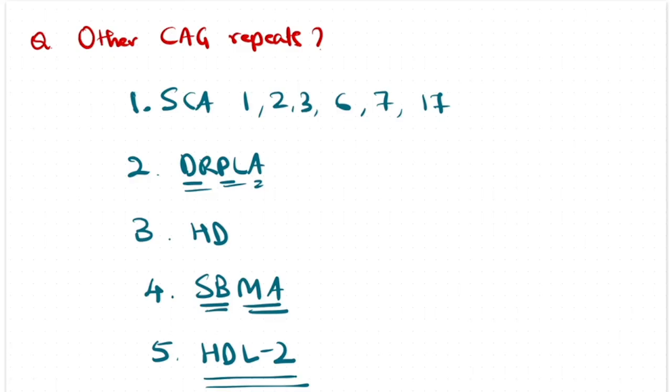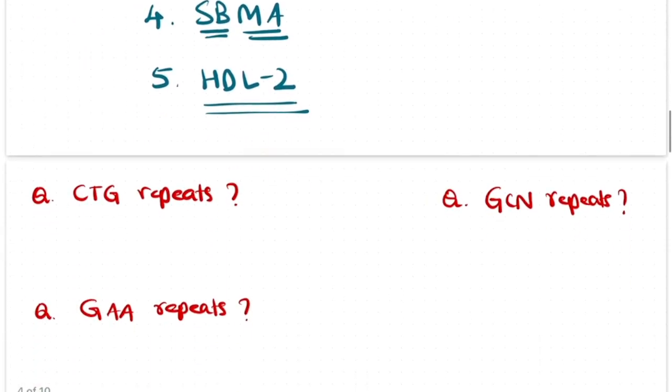So what are the CAG repeat disorders? CAG triplet nucleotide disorders: SCA 1, 2, 3, 6, 7, 17. Then DRPLA, which is also an autosomal dominant ataxia. Then HD, Huntington disease. SBMA is spinobulbar muscular atrophy. Then Huntington disease like 2.